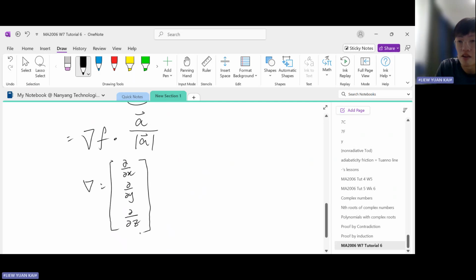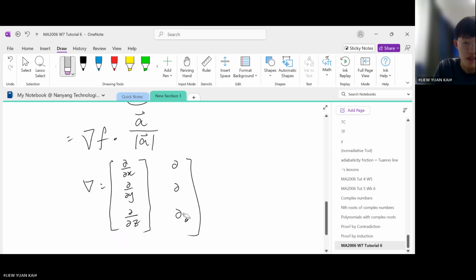Later on, I'm going to abbreviate this, because it's very much a hassle to write this out in full. Abbreviate means just make it short by writing it like this: partial x, partial y, partial z. They have the same meaning. I just make it shorter so I don't have to write so much.